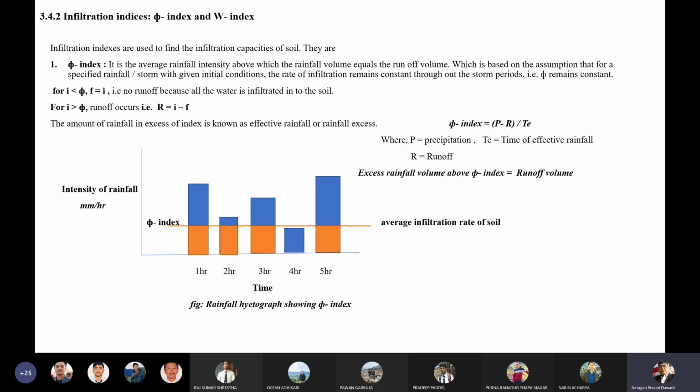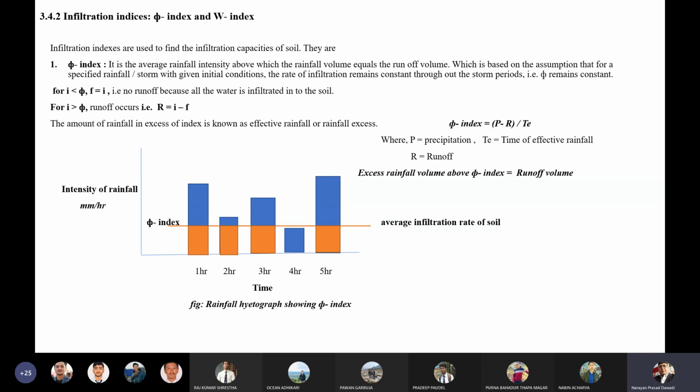If I is greater than phi, that is, the intensity of rainfall is greater than the rate of absorption of the soil, then some portion of water is absorbed by the soil. The remaining water will flow as surface flow towards the river or stream. At that time, runoff will occur.